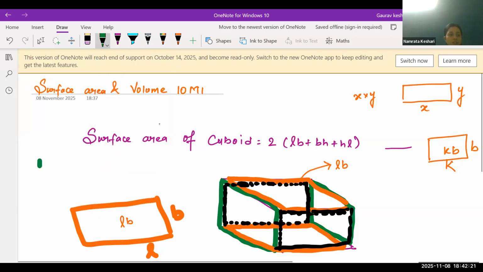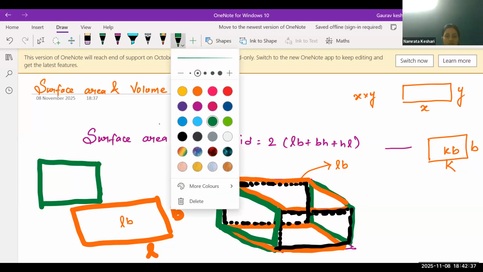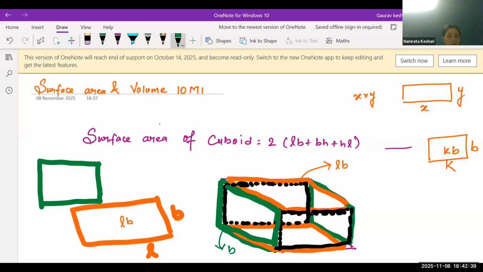So you can see a rectangle over here like this. What about the area of this rectangle? I'm talking about this green color rectangle. Here two things are involved. One is B, breadth, and another is height of this cuboid.